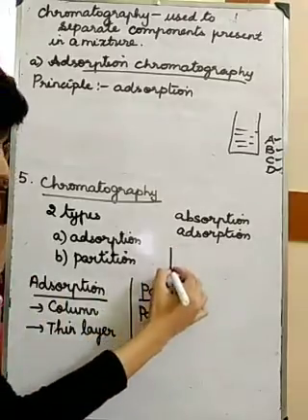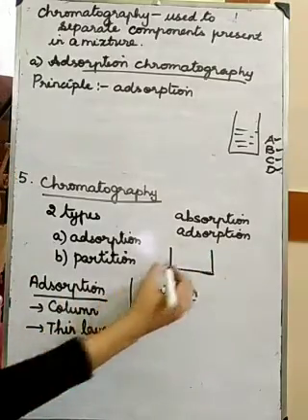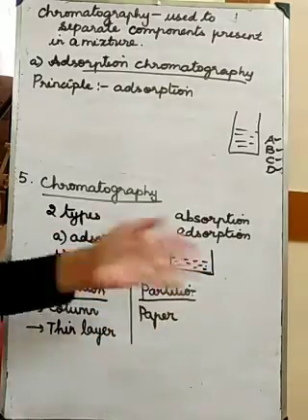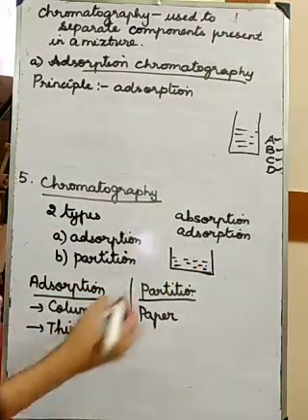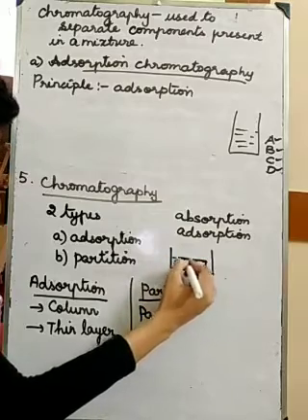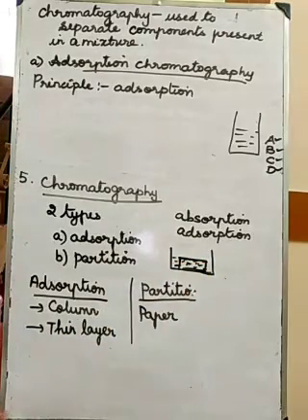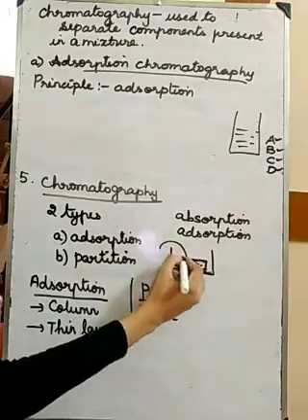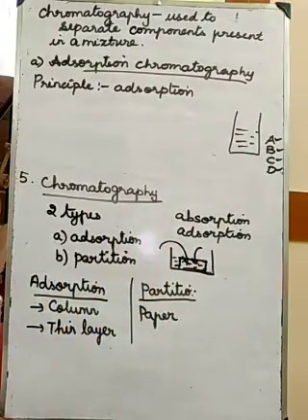Okay. Now I am going to take one trough of water. Suppose if I keep one sponge inside this water, what will happen? The water will be absorbed by the sponge. What does this mean? The water will go inside the sponge. Yes or no?